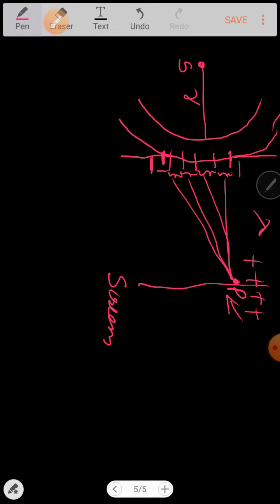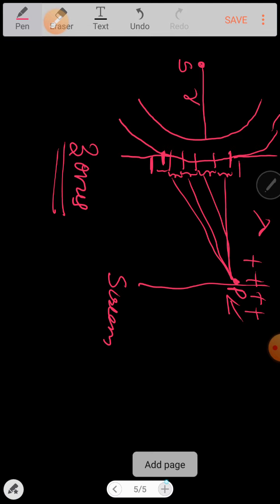Therefore, the total effect at the point P is given by adding the effect from different zones, and that's the idea of zones. Next, we will learn how these zones are constructed.